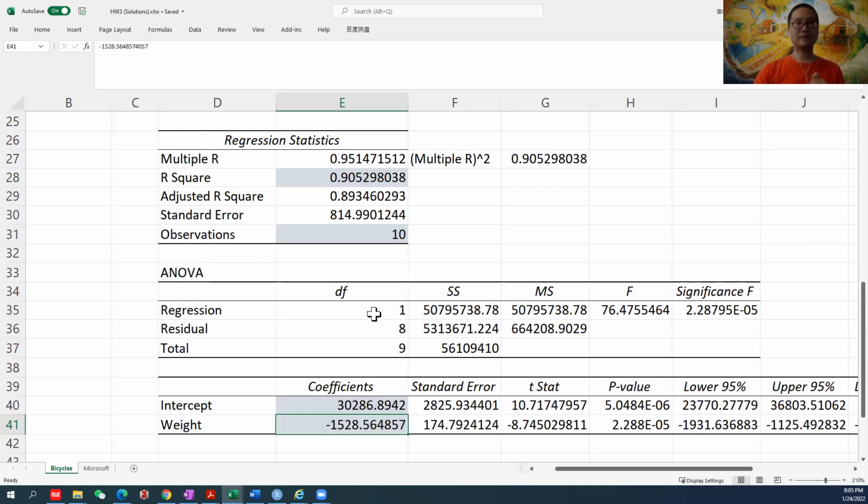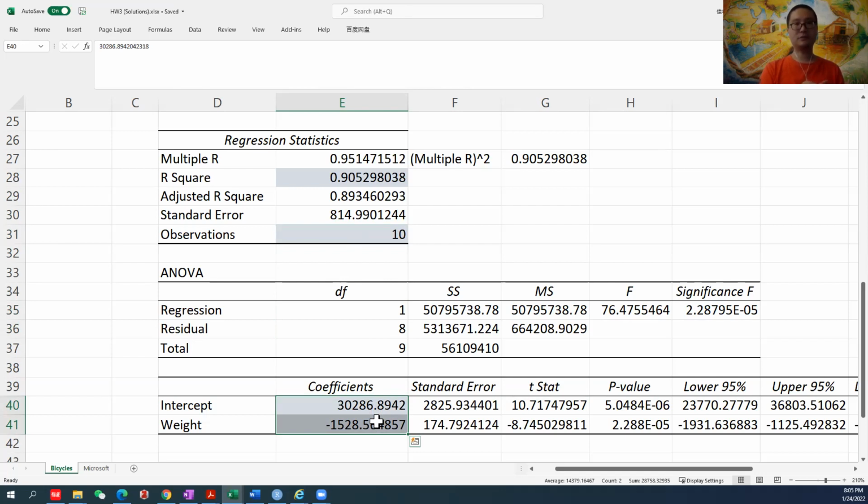So that's why regression here has 1. Residues is the difference between observations and the number of estimates we have, because we have both intercept and weight as the coefficients, 2 coefficients to estimate.